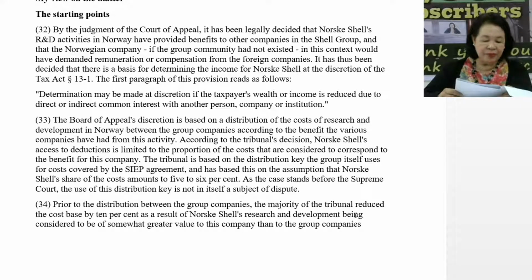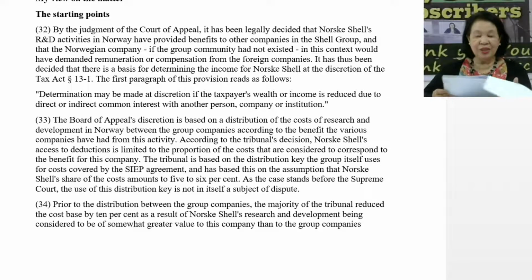The group itself used for cost covered by the SIEP agreement and has based this on the assumption that Norske Shell's share of the cost amounts to 5 to 6%. As the case stands before the Supreme Court, the use of the distribution K is not in itself a subject of dispute. So hindi naman nila din-dispute yung allocation K, no?